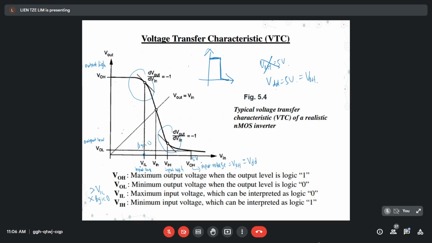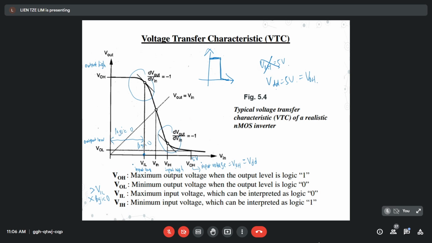That's why VIL is the maximum input voltage which can be interpreted as logic 0. So for this region, any input voltage that is below VIL is considered as logic 0.